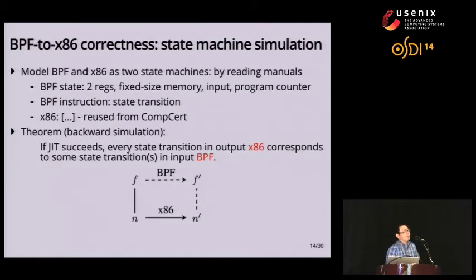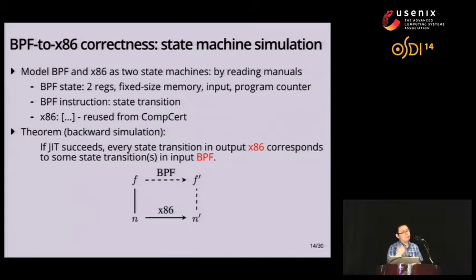The high-level idea is to first model BPF and x86 as two state machines. We read the manuals and original papers of BPF, and we write down the specifications with our understanding. For BPF, the state consists of registers, a fixed-size memory, the input, and the program counter. And every BPF instruction serves as a state transition from one BPF state to another.